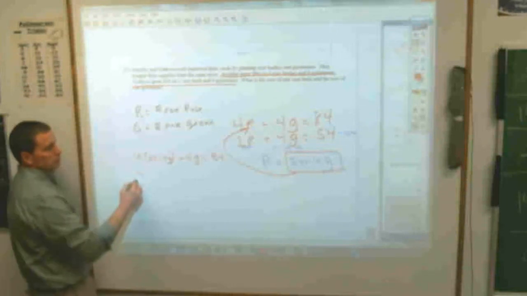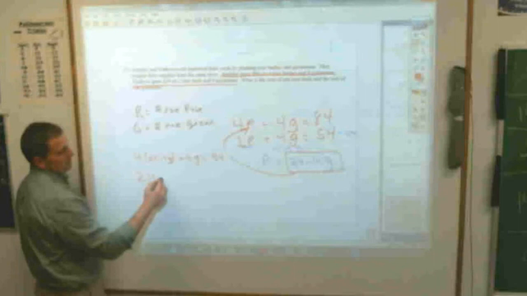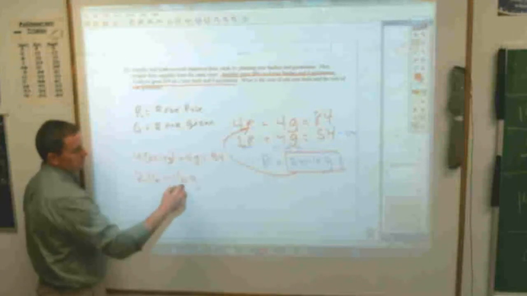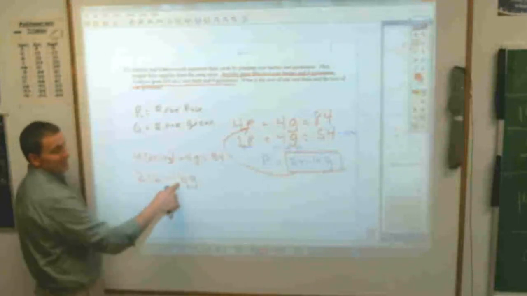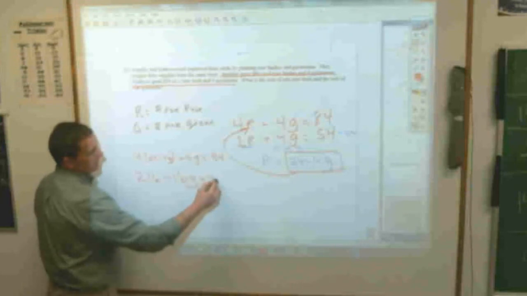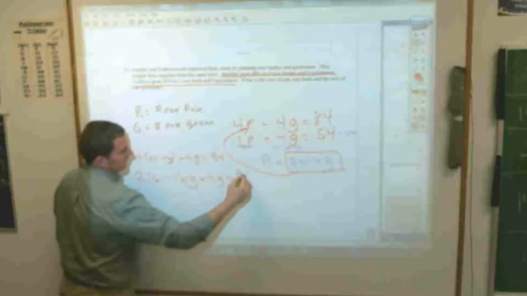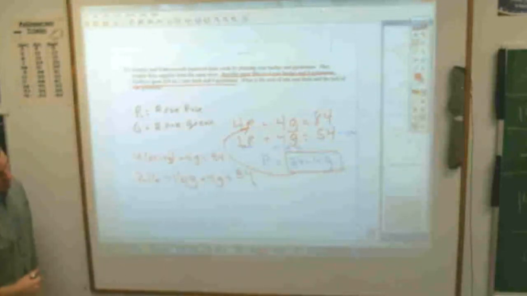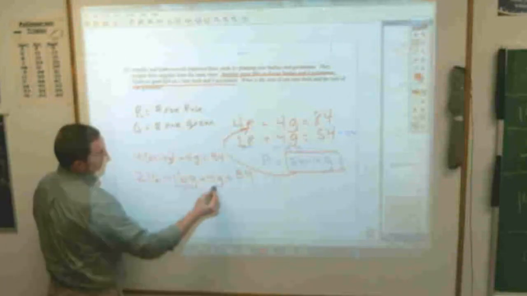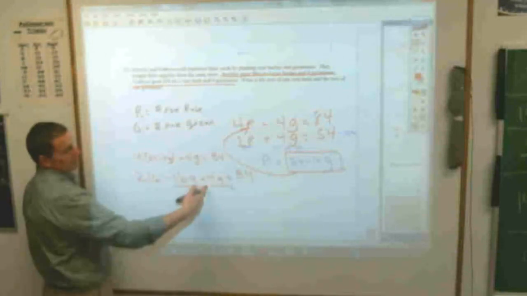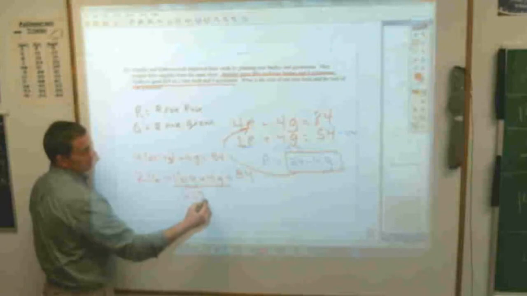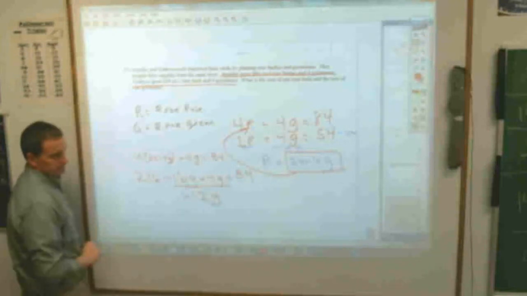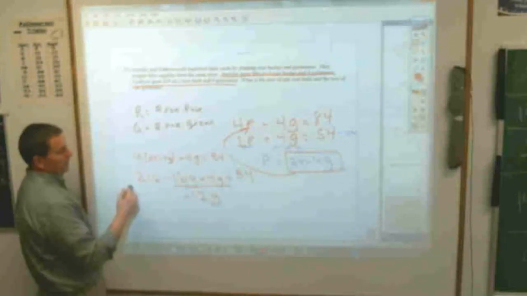Distributive property: 216 minus 16g, since 4 times negative 4 is negative 16, plus 4g equals 84. Now we're going to combine: negative 16 plus 4 is negative 12g. I'll move this 216 over there.